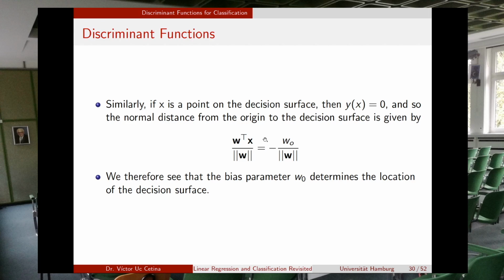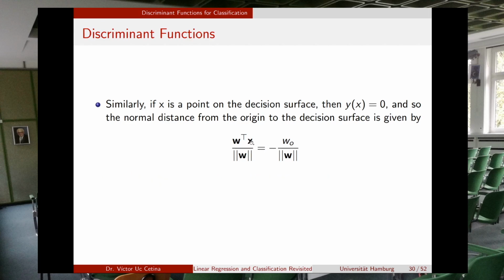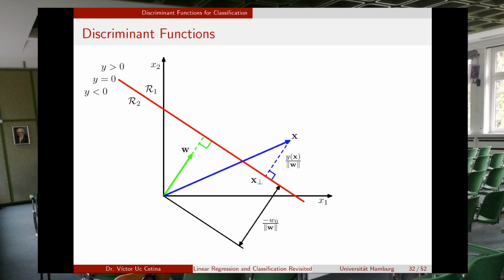Okay, here we have some vector x that is multiplied by a unitary vector in direction w. And we can see all these concepts that we have been analyzing in this picture. For example, first we have the decision boundary. In this case, it's a straight line.